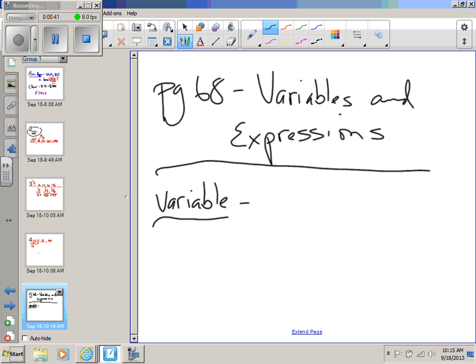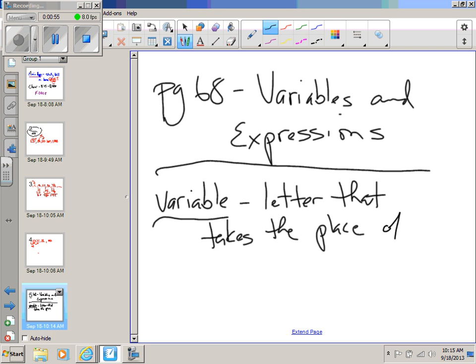A letter that takes the place of a number or a value.